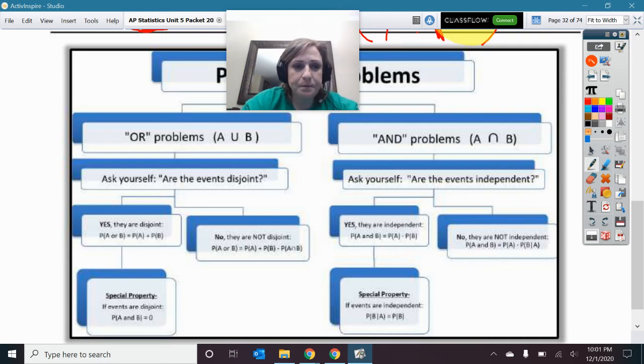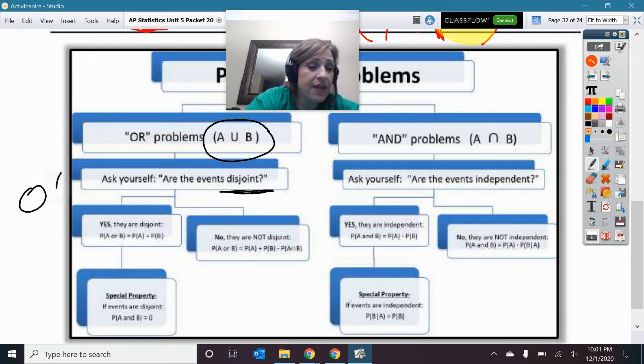So here we go. If you have the A or the B, first, are they disjoint? Because if they are two separate circles and you want to find the probability of A or B, you could just add those two probabilities.